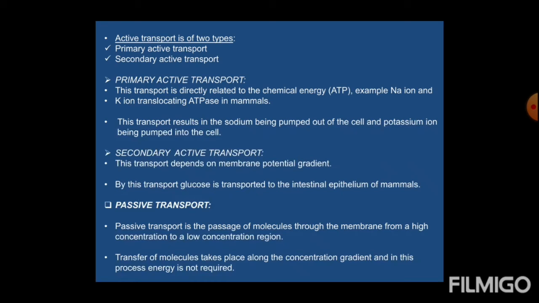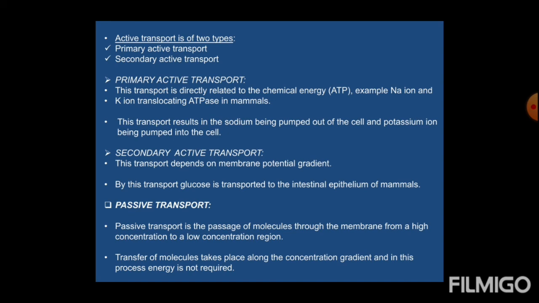Now facilitated diffusion. Now children, this is a special type of diffusion. Although the movement of substances is from high concentration to low, as in simple diffusion, meaning there is a similarity between facilitated diffusion and simple diffusion, but as the name says, the movement of substances is facilitated either by channel proteins. Now what are channel proteins? They are integral proteins.